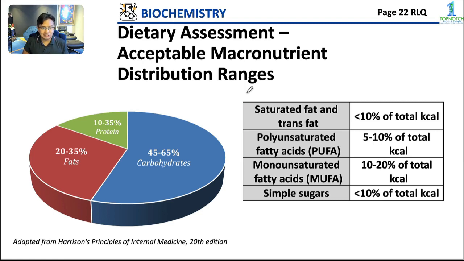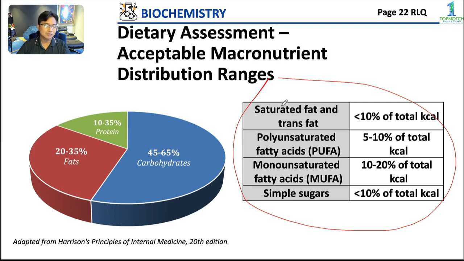Protein should be 10 to 35%, while fat should be 20 to 35%. And dapat, guys, meron kang limits sa mga pagkain ng trans fat, saturated fat, at simple sugars. You have to modulate them. And you have to memorize these values kasi they can be asked in the PLE.